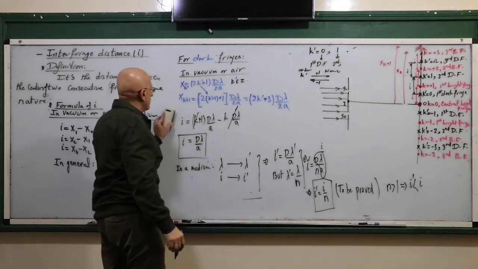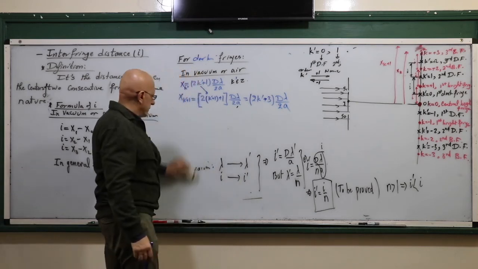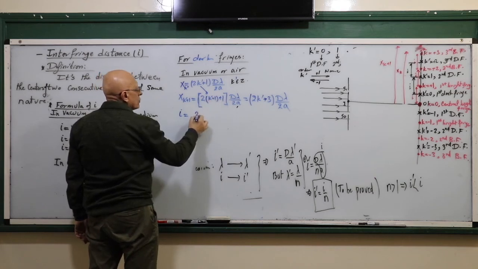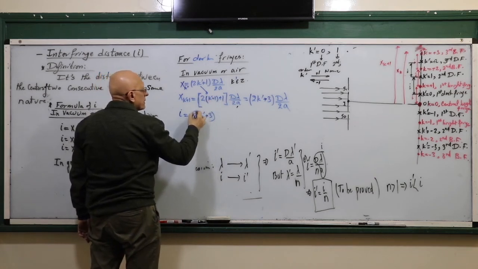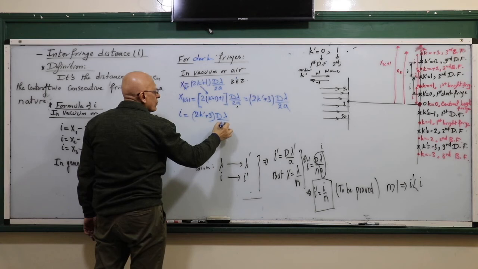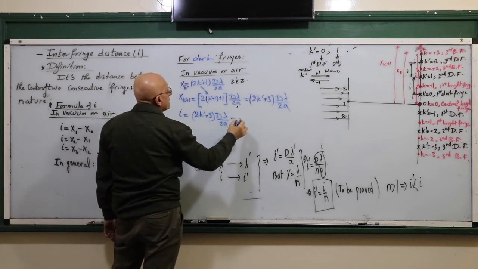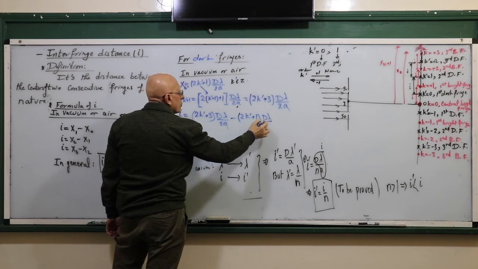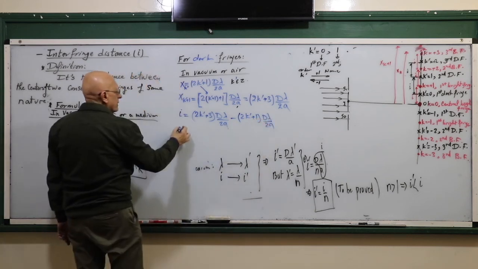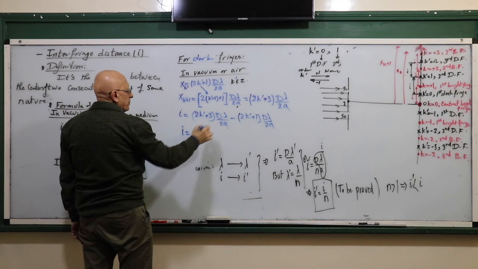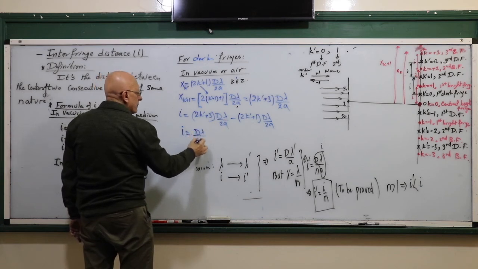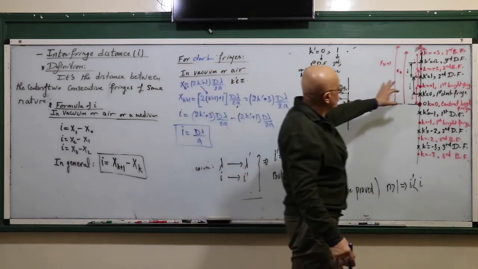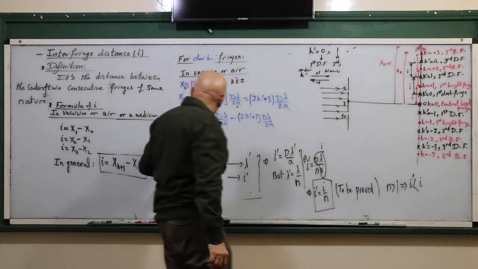Okay? Subtract them. So you get I, this minus this: 2k prime plus 3 d lambda over 2a minus 2k prime plus 1 d lambda over 2a. You get I equal, expand, the same result, and this is expected because they are equidistant from each other.